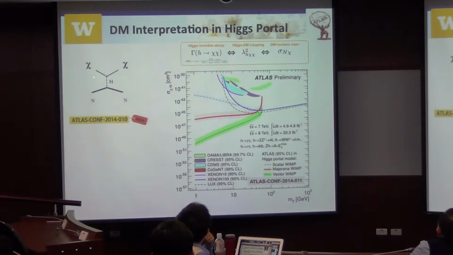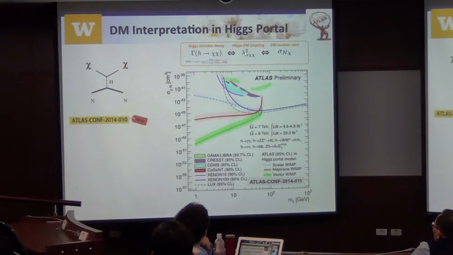The idea is that you have dark matter interacting with the nucleus. So we can calculate the dark matter nucleus scattering cross section. And you can put in the constraint you derive from our measurement here, to see how the limit on the Higgs-nucleus dark matter interaction will look in this plot.